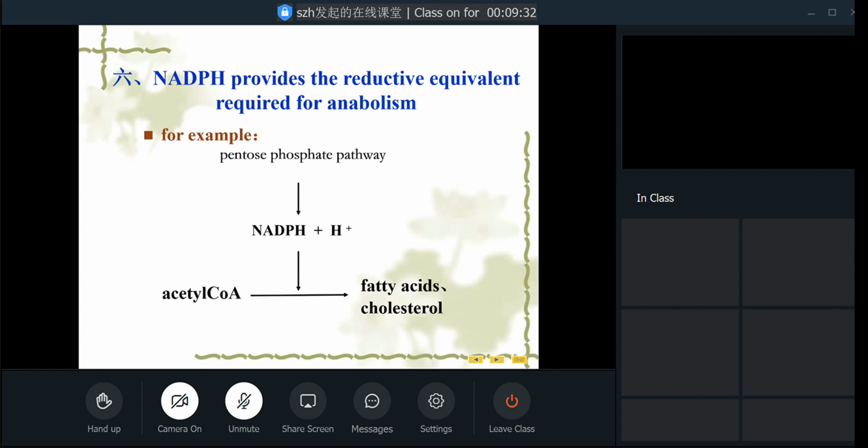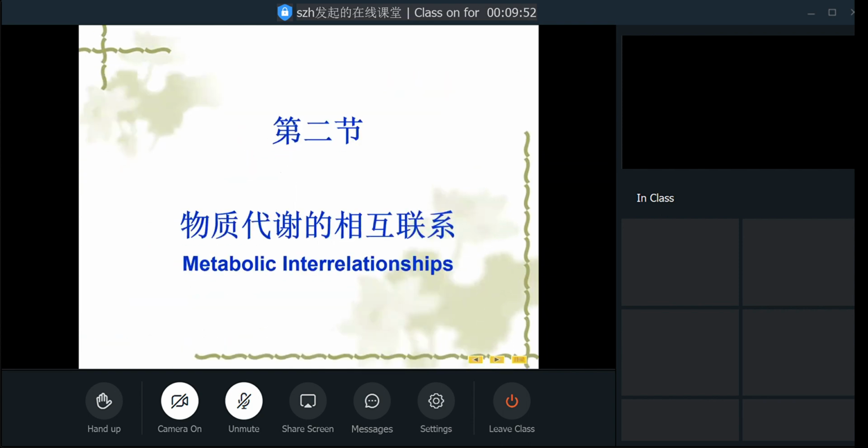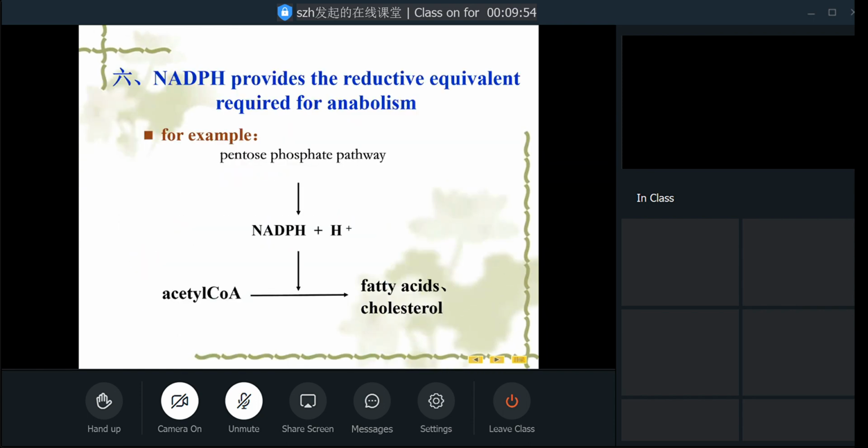For example, in the pentose phosphate pathway, most of the NADPH comes from the PPP and is used to synthesize fatty acid and cholesterol. This is the sixth property of the substance metabolisms in our body.